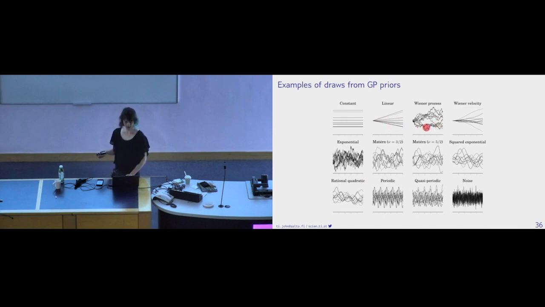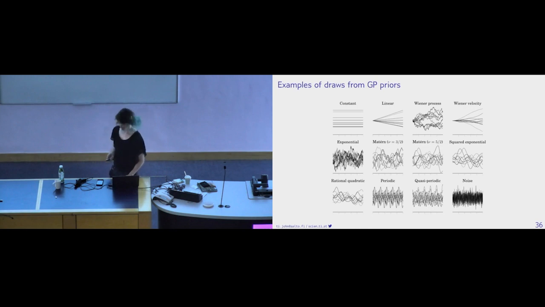Some of them are basically non-differentiable. Some of them are stationary. Some of them have a trend. Some of them are periodic. Lots of choices. There's not the time here to go into details, but the takeaway is that there are many covariance functions, and you probably want to think about which one is right for your problem if you want to use a Gaussian process.